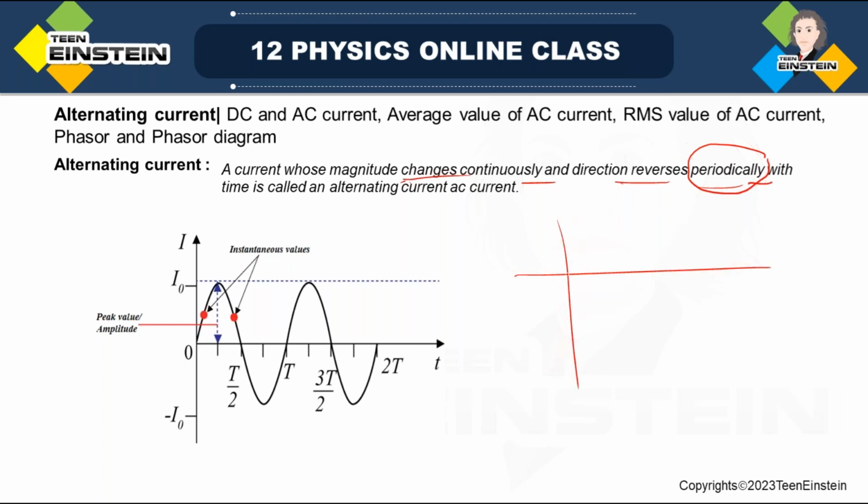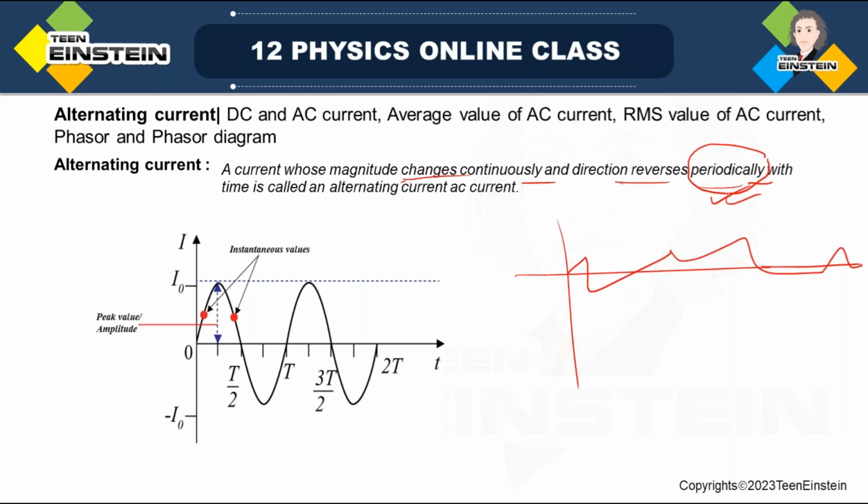I can have a current which changes its direction randomly. It can happen, it is also changing its direction and magnitude as well. But by saying alternating current, we actually mean a current whose magnitude changes continuously and direction reverses periodically. Its change will be periodic.